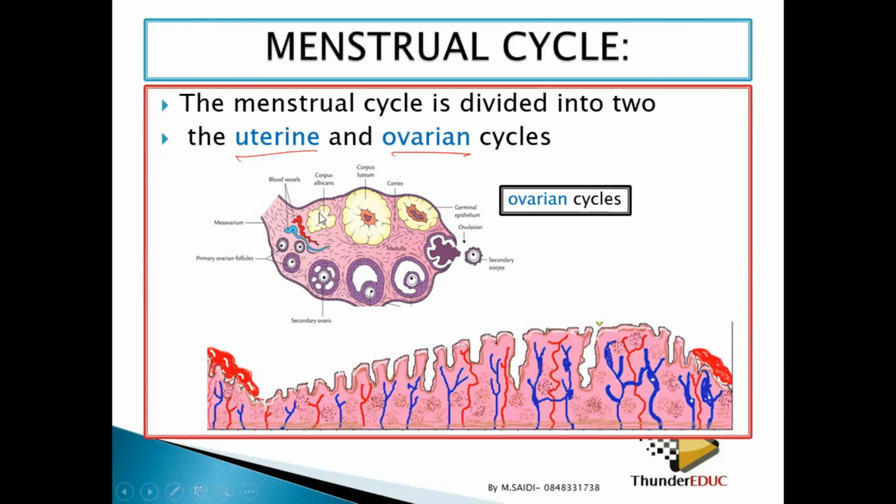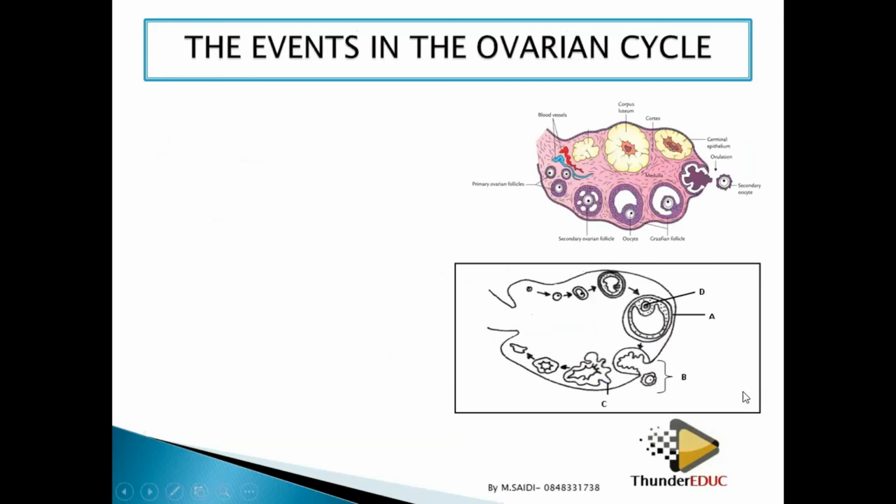This is the ovarian cycle, the development, this is menstruation, and the development of the uterus we call the uterine cycle. So these are the 2. We have seen the hormones which affect this. You see, now the blood vessels have thickened and then the menstruation has occurred.